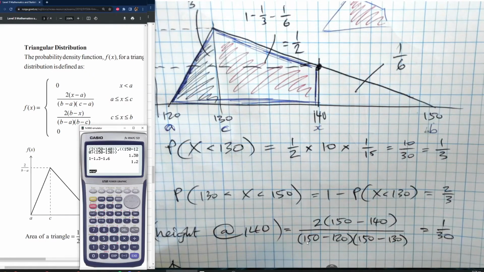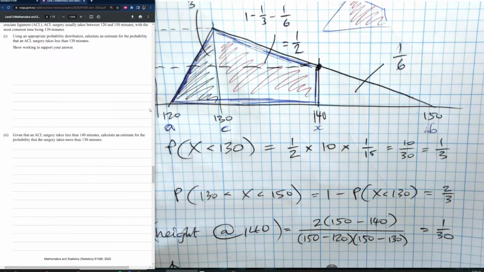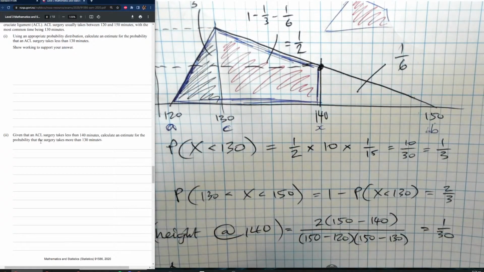So we're actually going to do, what was the original question again? Takes less than 140. Calculate the estimated probability takes more than 130.